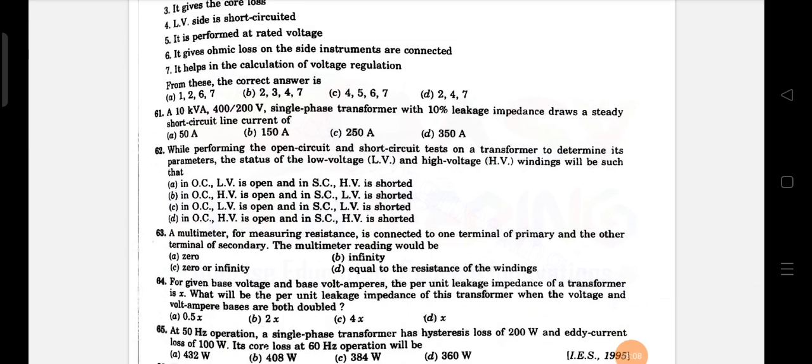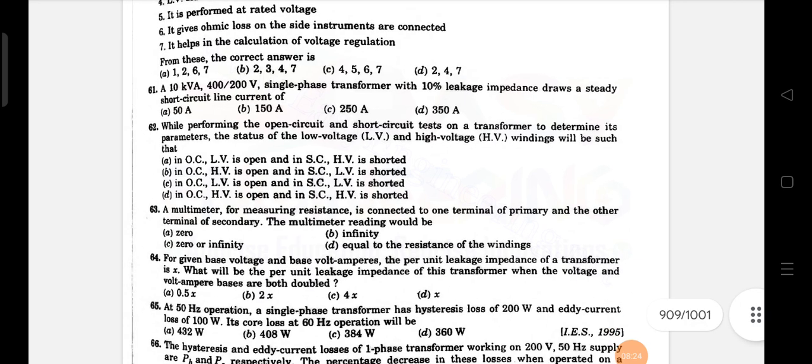Next, 62nd question. While performing the open circuit and short circuit test on a transformer to determine its parameters, the status of low voltage winding and high voltage winding will be such that, now see the options. In OC test, LV is open. That is not correct, right?